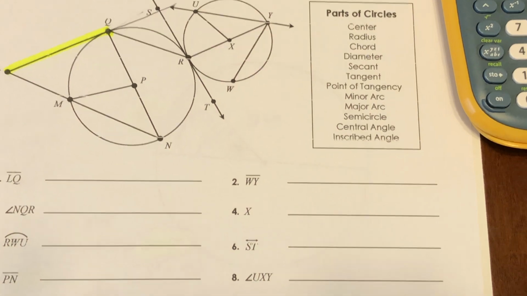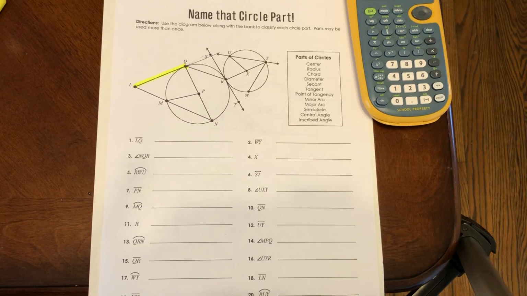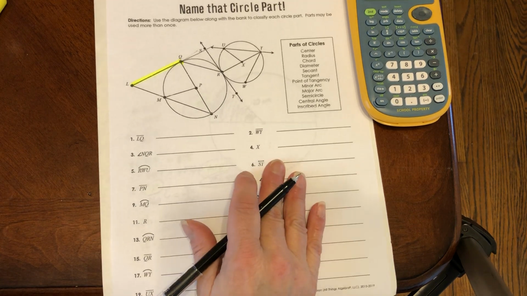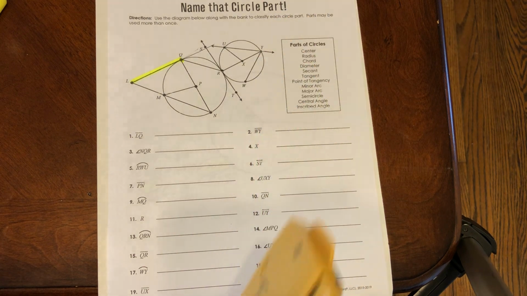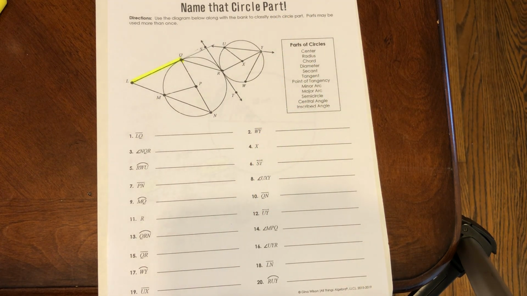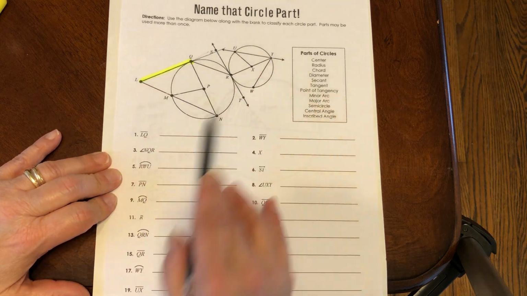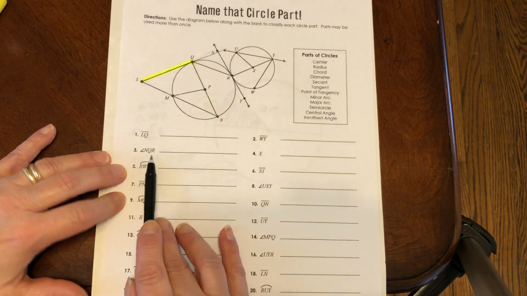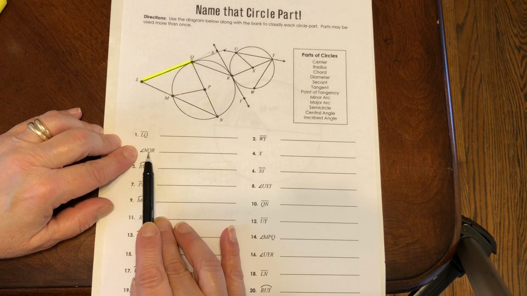So, this is a straight line. So that means that's got to be either a segment, it could be a radius, it could be a diameter, it could be a tangent line, but it's not going to be an arc, and it's not going to be an angle.